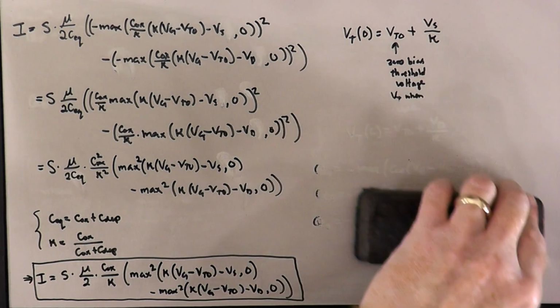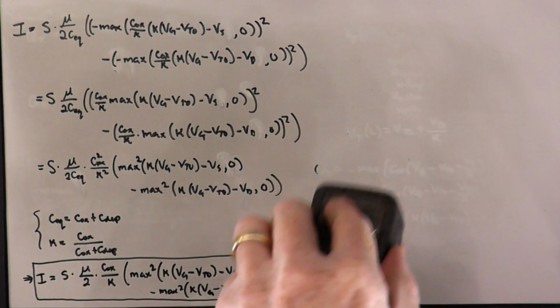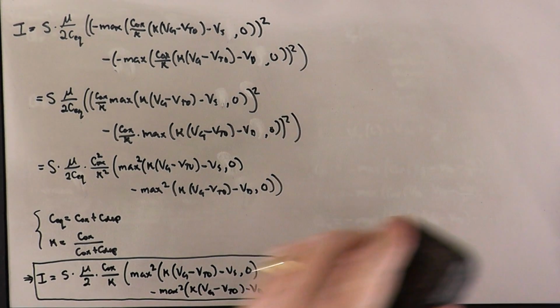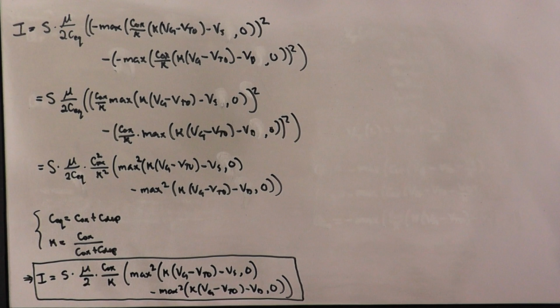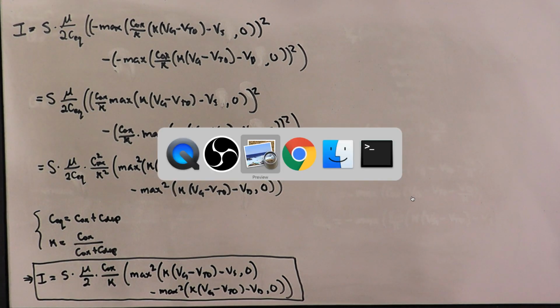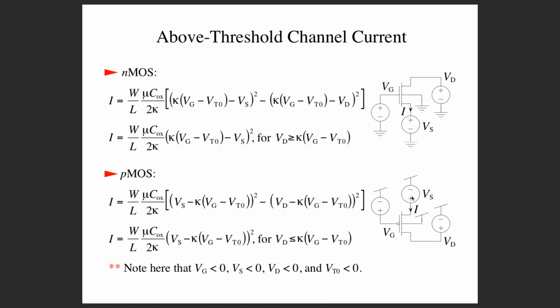So we can get rid of this. I'm going to flip over here to our slide deck that we were going through. And so here you can see this is not expressed in terms of the max.